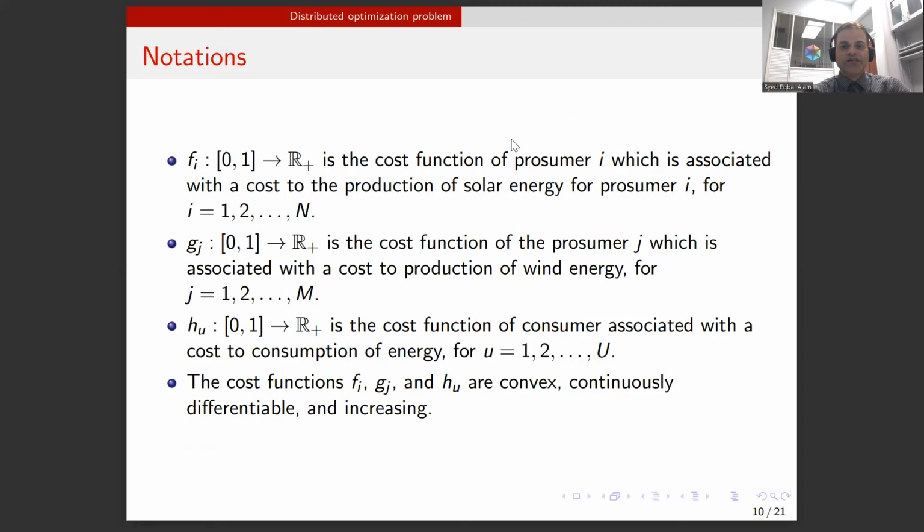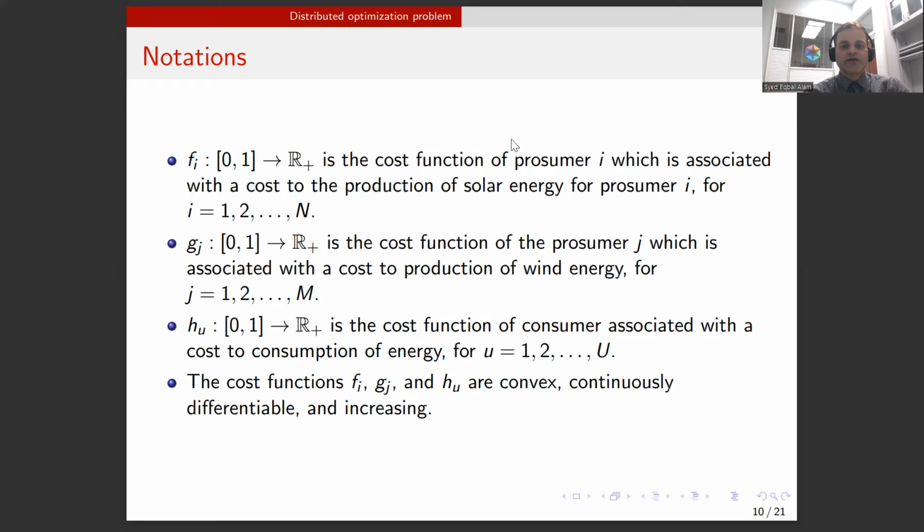To capture the costs, we consider the cost function. For the prosumers with solar panels, F_i denotes the cost function of prosumer i with solar panels, and it is mapped from [0, 1] to R plus.